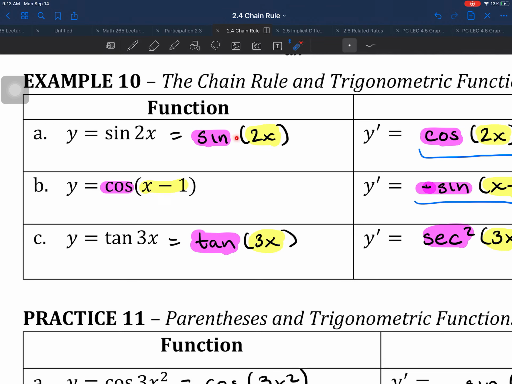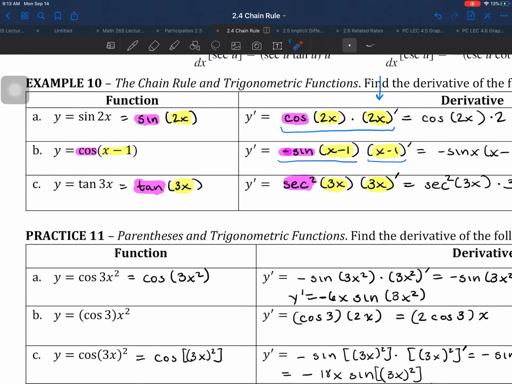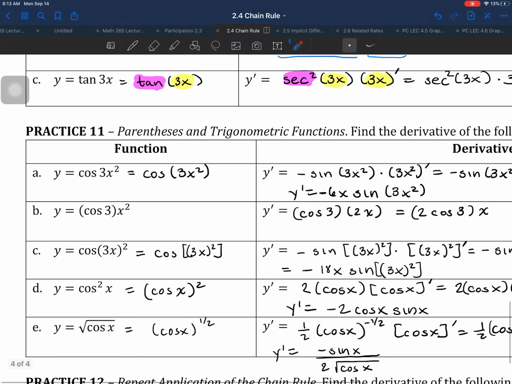This is actually a function. So when you're dealing with this, you're not thinking about product rule. This is a function inside a function. This is a special type of notation that we use for functions. This is the inside of the sine. So it's not a product.